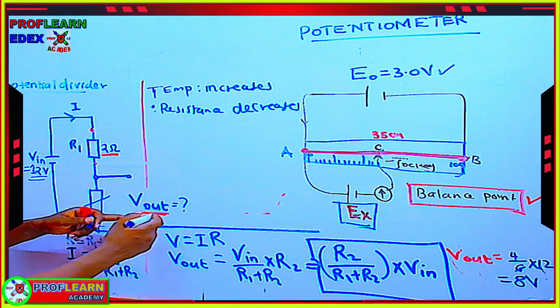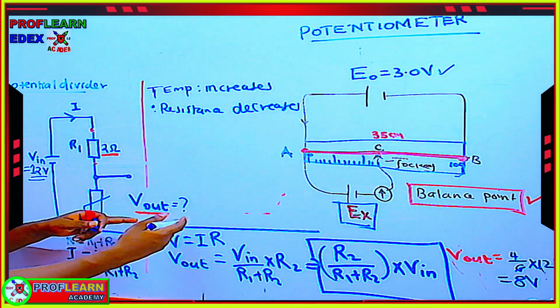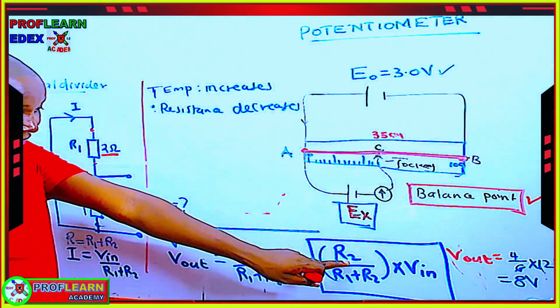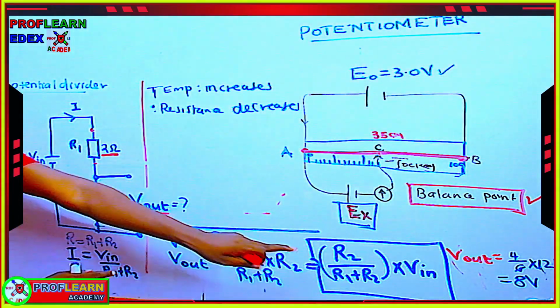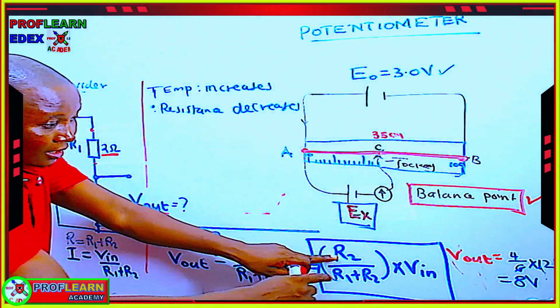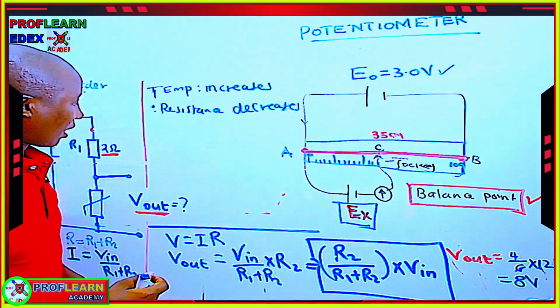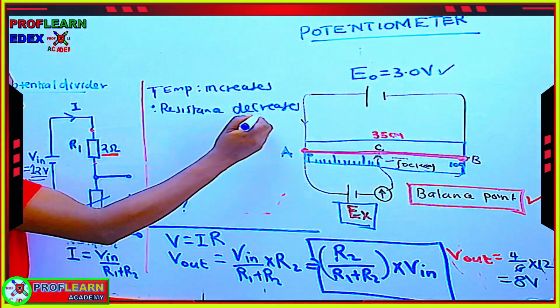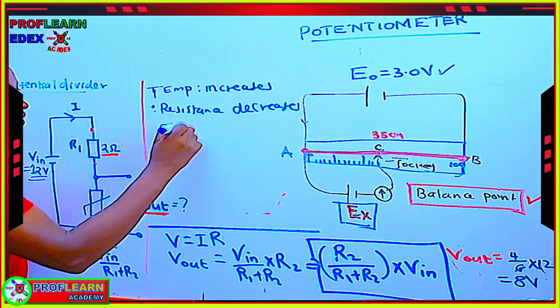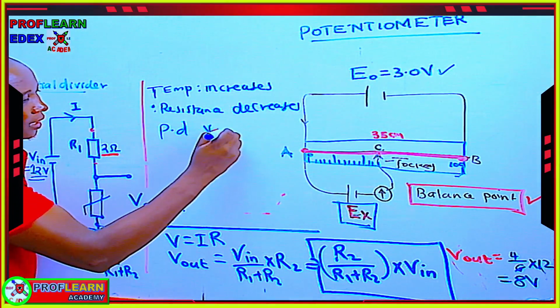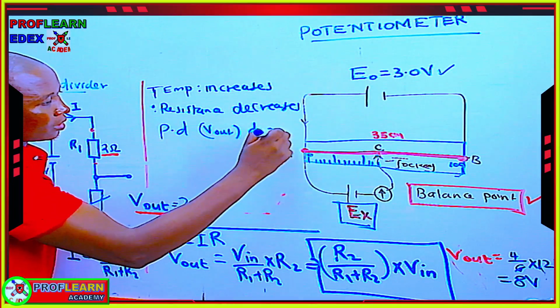So the voltage out, the PD that is getting out, will be smaller, because if this value decreases, then V out is going to be smaller. So if temperature decreases, the PD, which is the V out, decreases.